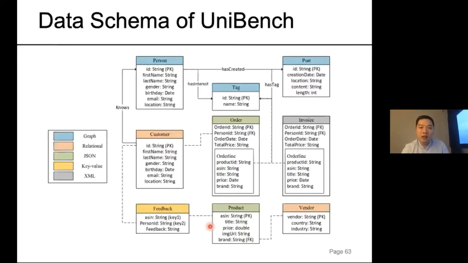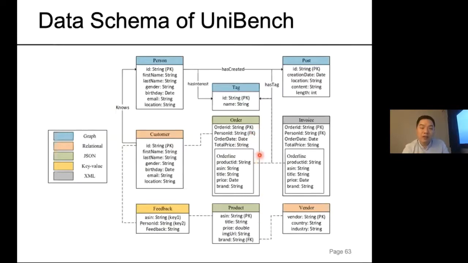And our schema includes 5 data models. In particular, the relational model includes the structured customers and vendors, and the JSON model contains the semi-structured orders and products.